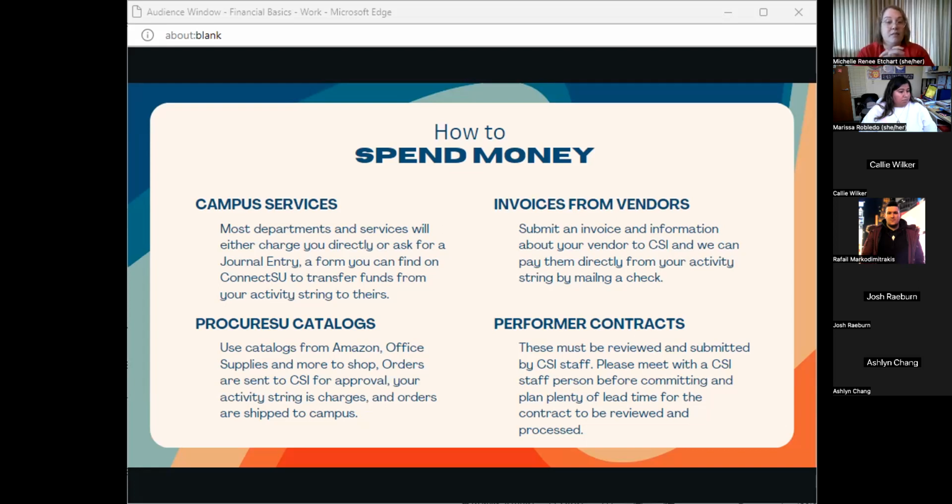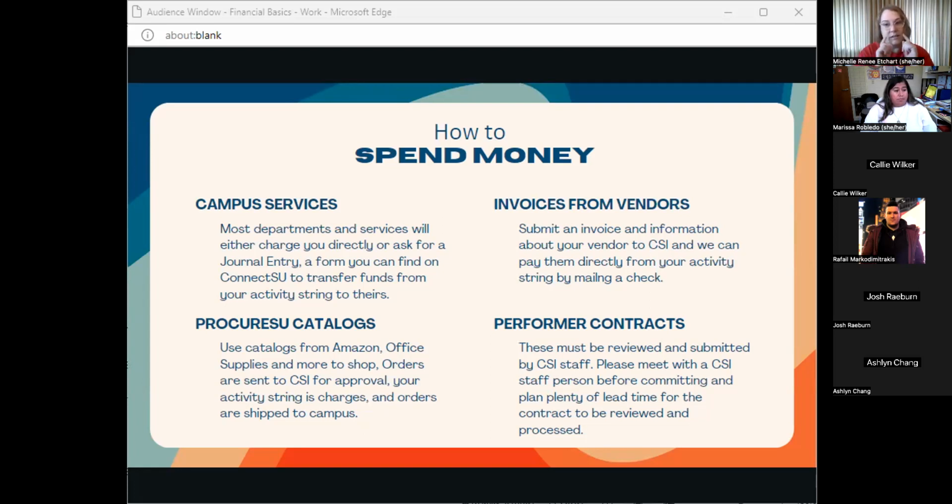Moving down below, ProcureSU catalog. ProcureSU is the system that staff and faculty all use to shop for things and process payments. There are catalogs in ProcureSU for primarily Amazon, and there's an office supply store that you can use. You do the shopping, pick out what you want, put it in your electronic cart, and forward the cart to CSI.